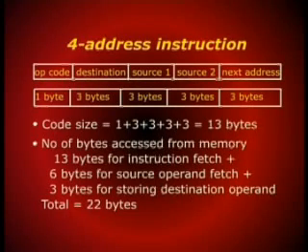For this example, we need to fetch first of all 13 bytes of instruction in the fetch cycle, then 6 bytes would be required to fetch operands from the memory, and after calculations we put back the data as a destination into the memory, which would need another 3 bytes. So altogether 22 bytes need to be accessed from the memory into the CPU.